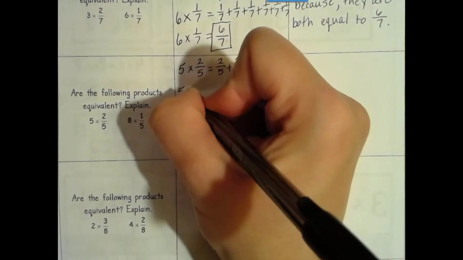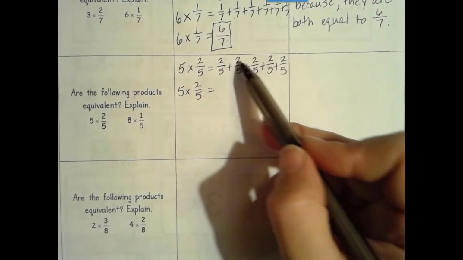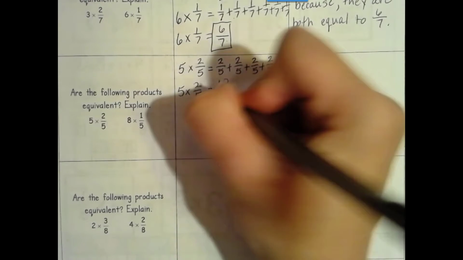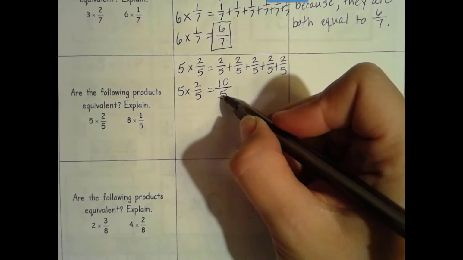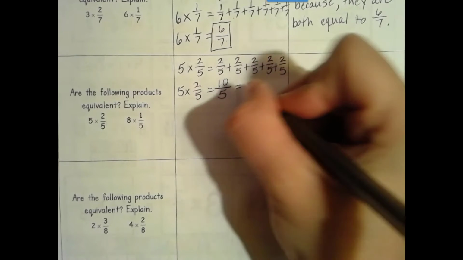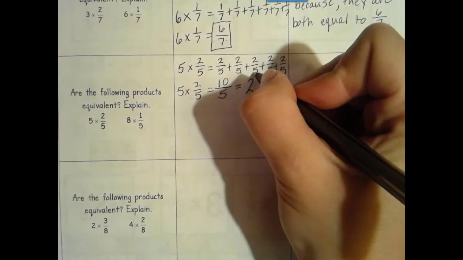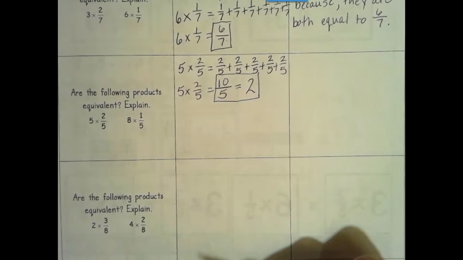So 5 groups of 2/5 is equal to 2, 4, 6, 8, 10. 10/5. Or how many groups of 5 can I get out of 10? 2. 2 whole. Either one of these would work.